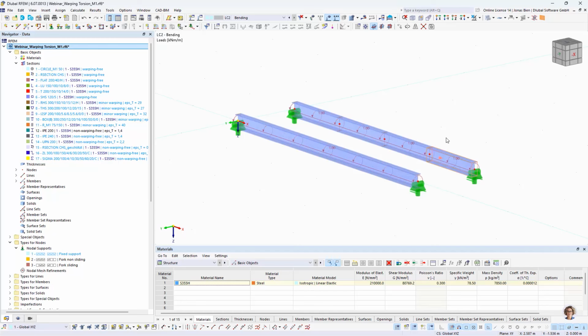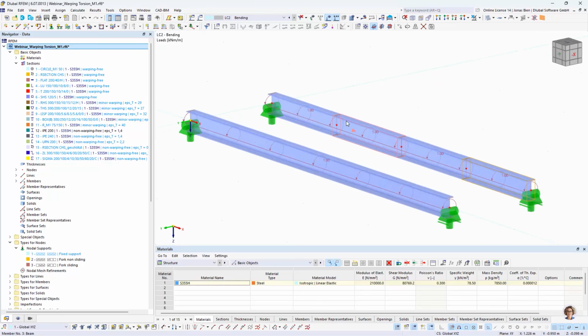And the default behavior for all other degrees of freedom is that when I connect members at a common node, then all forces are transferred. So all bending moments are transferred from left to right. Axial force and shear forces are all transferred from one member to the other, as long as I don't have defined any member hinges.